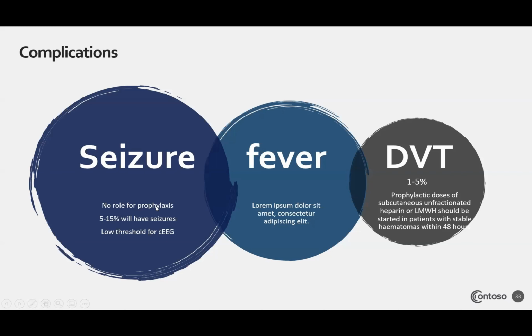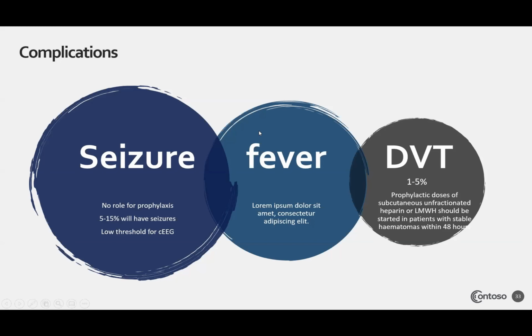No role for prophylaxis with antiepileptic medication. 5 to 15 percent of patients will have seizure. Low threshold for continuous EEG. If the patient is comatose and the hemorrhage is small and not explaining this level of GCS or level of consciousness, we will have to ask for EEG.